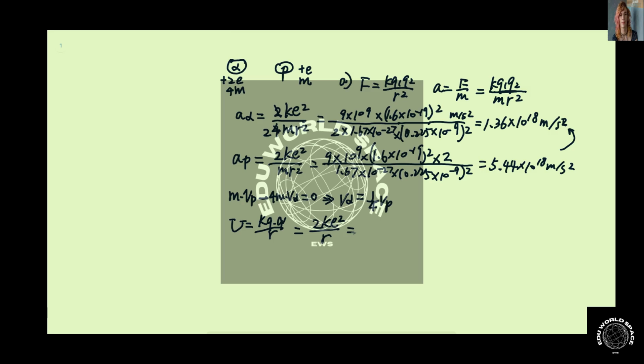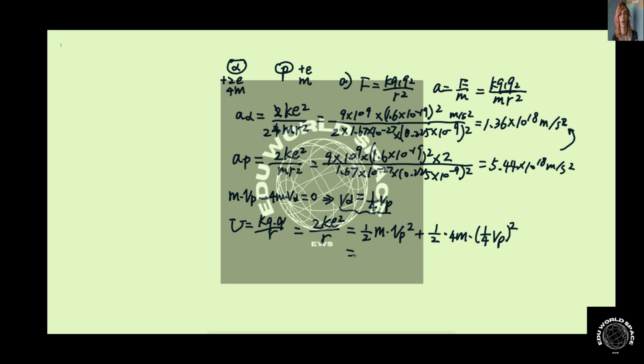The kinetic energy is 1/2 m v squared, so for the proton it's 1/2 m v proton squared, and the energy for the alpha particle is 1/2 times 4m times v alpha squared. We see that v alpha is 1/4 of v proton, so v alpha squared is 1/16 of v proton squared.